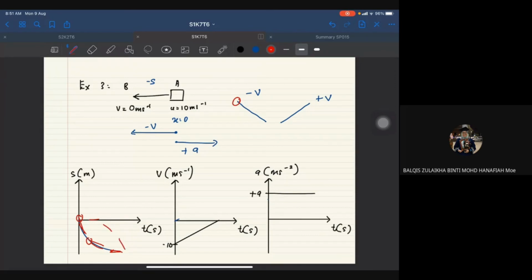So dua-dua ni represent negative V. So dua-dua ni possible untuk yang this one. The only difference is that initially this one has higher magnitude, and then it becomes less magnitude. It becomes makin flat. So bigger number to smaller number. Okay. I guess okay. Okay, so kamu masih bersama saya?